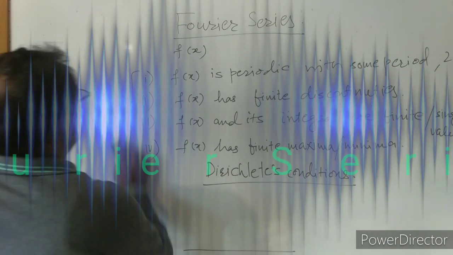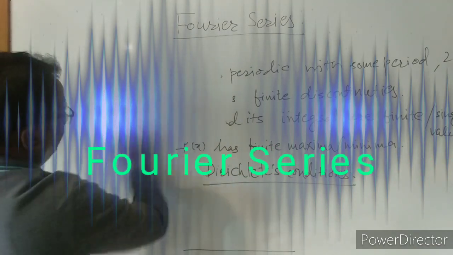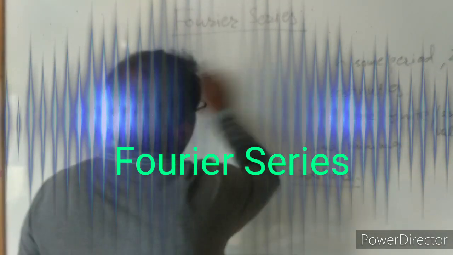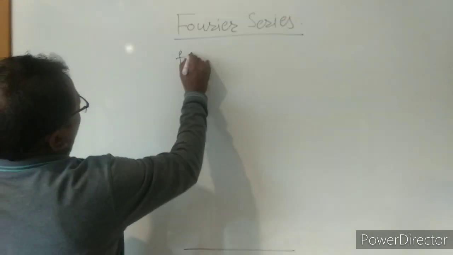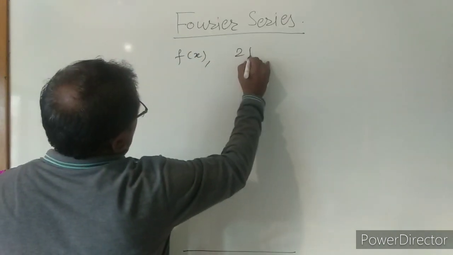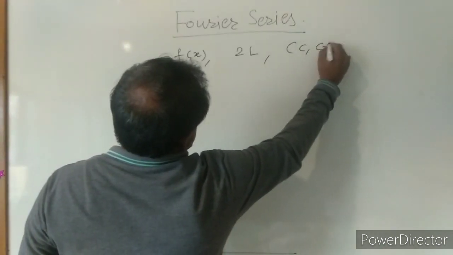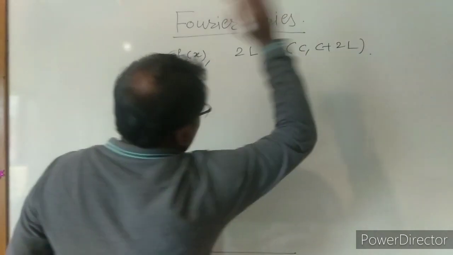Now we will see what is the Fourier series representation of a function f, which is periodic with period 2L, defined on some interval c to c plus 2L.